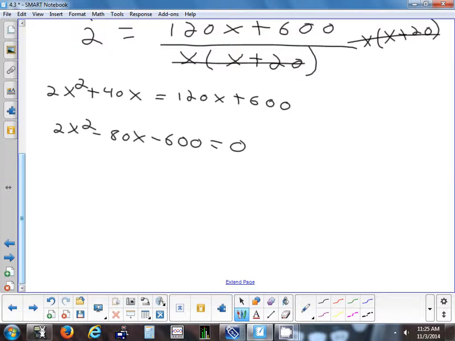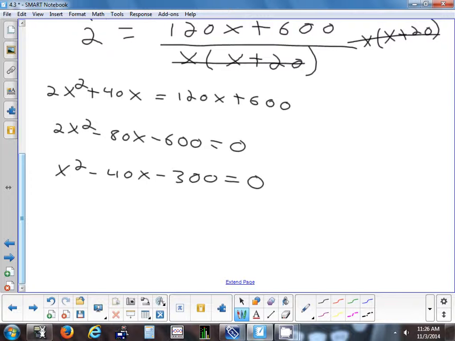Something that would make the numbers a little easier to work with. Cole? Factor out a 2. Yeah, you could factor out a 2, divide everything through by 2. Same idea. And now we have that.